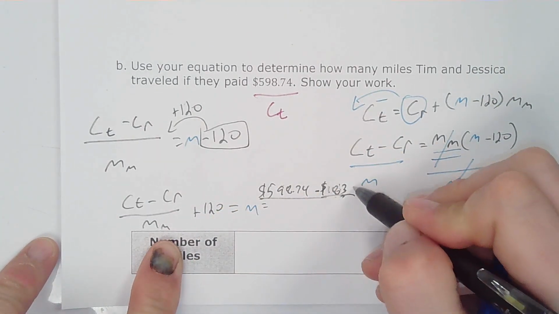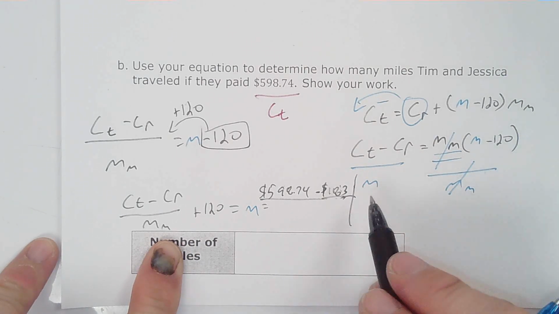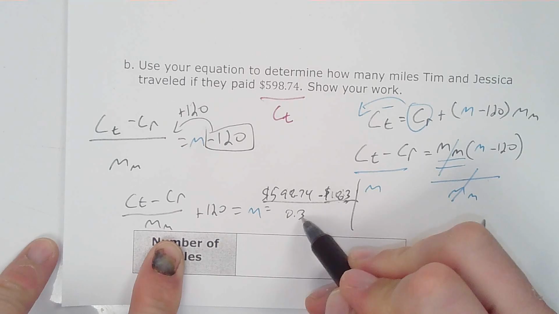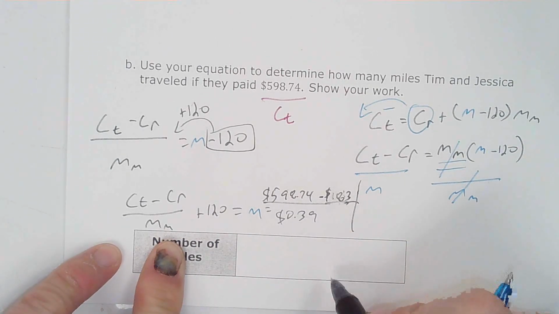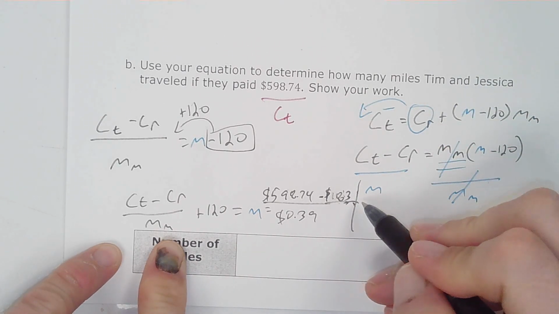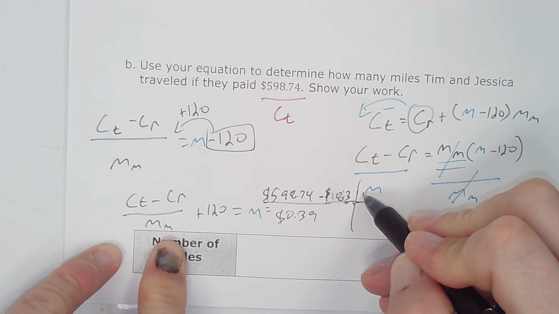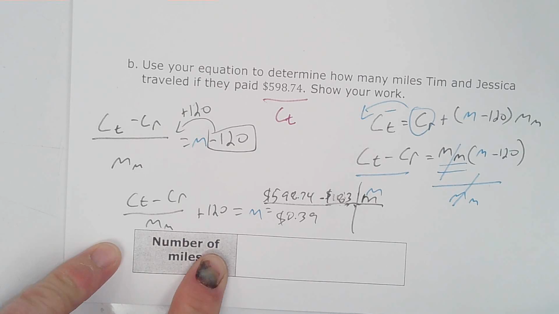So if I divide by something, it goes on the bottom. So it was 0.39 dollars. The dollars are going to cancel out, right? And then I'm going to have miles on the top. Okay, so miles is left over.